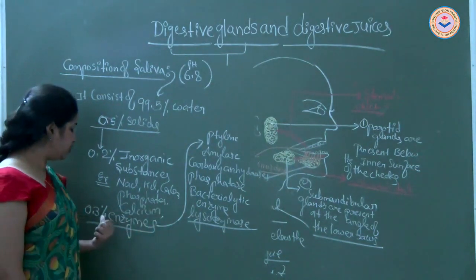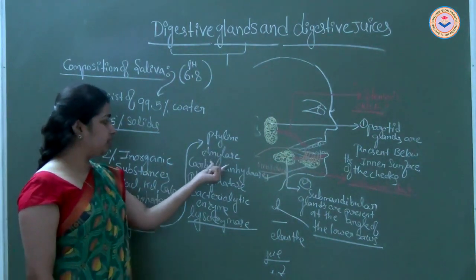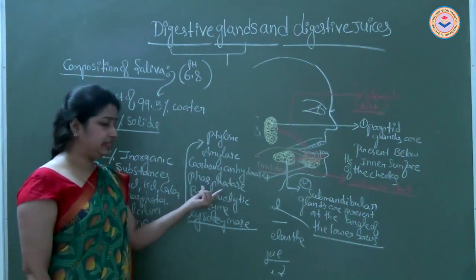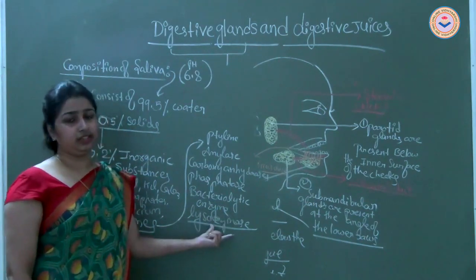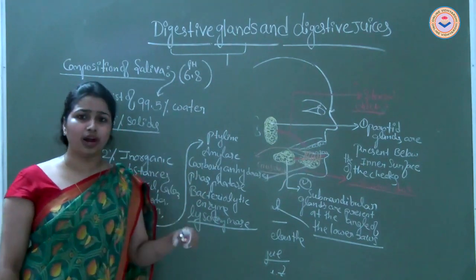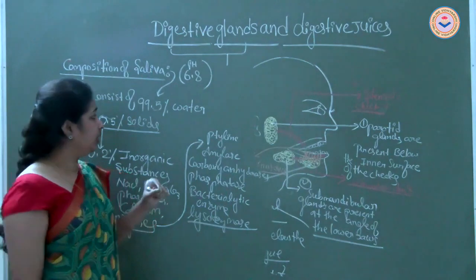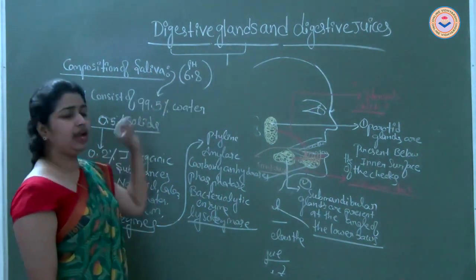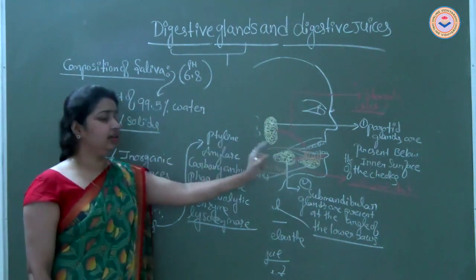Then 0.3% enzymes like ptyalin, amylases, carbonic anhydrases, phosphatases, bacteriolytic enzymes and lysozymes, which are involved in the hydrolysis of carbohydrates and also kill bacteria. The pH of saliva is about 6.8. The saliva is secreted from the salivary glands.